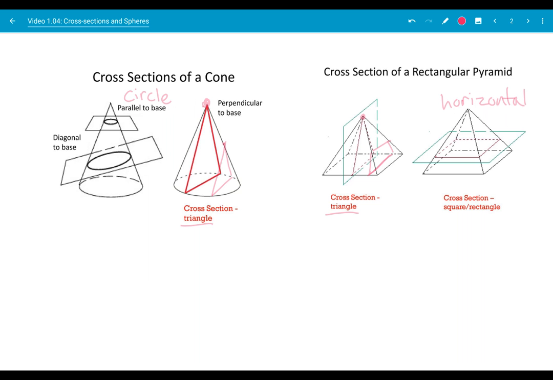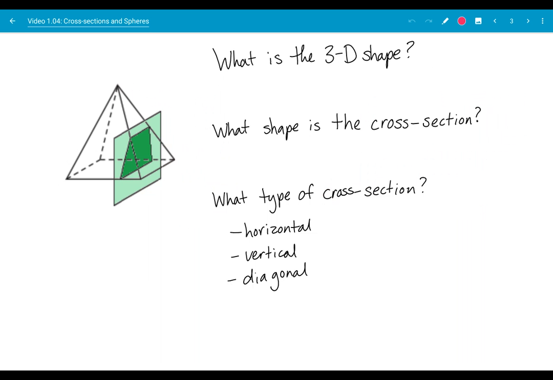So if you think you know what shape that is, let's test your theory. I'm going to tell you that this is a square-based pyramid, which means that the base of it is exactly a square. So what shape did you guess was the cross-section? If you guessed trapezoid, you are correct.